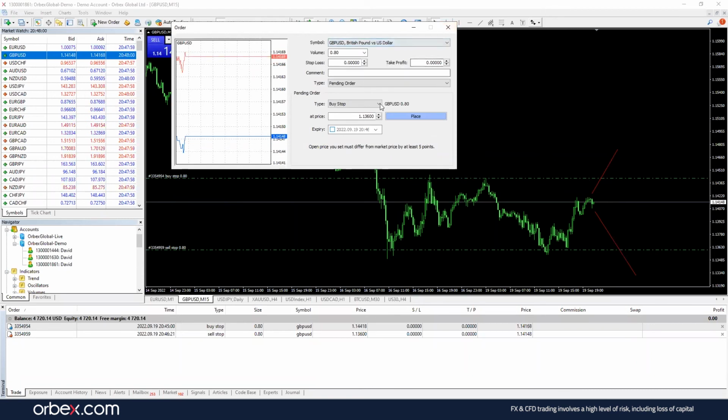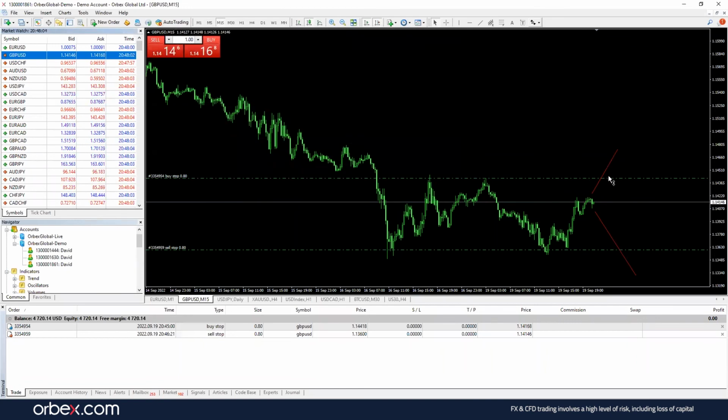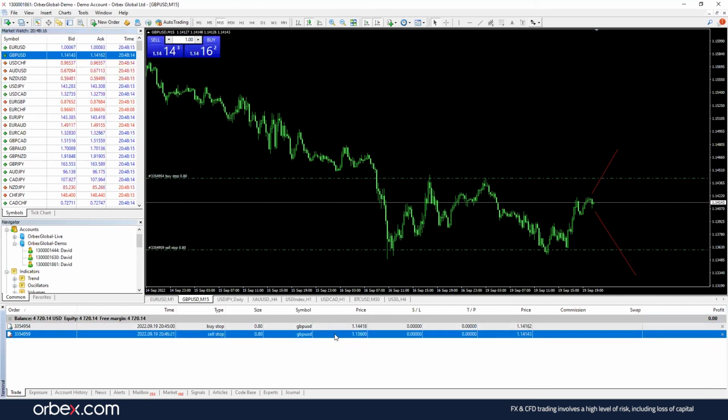So I hope the stops are fine. Let's move on to limits. Limits are a little bit more tricky because they kind of contradict what we're just seeing now. They're kind of the opposite of what we're looking at the moment. Now let's close these two. By the way, because these are pending, they're not actually active in the market.